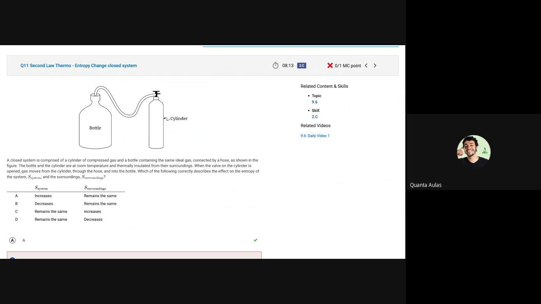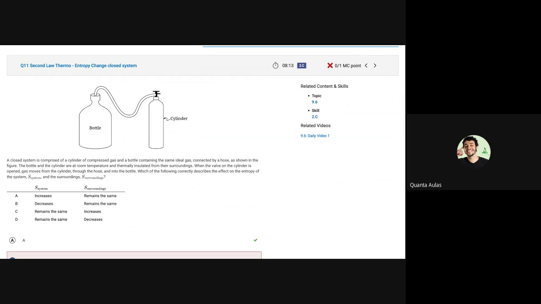This option is the right one, because when you have a gas expansion, the entropy of the system increases, because you have more possibilities for your particles, right? You can understand entropy in terms of possibilities.